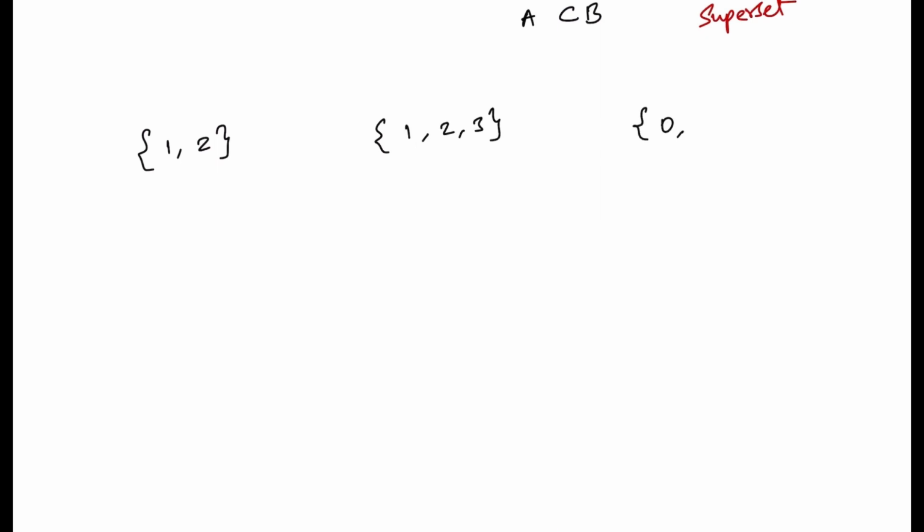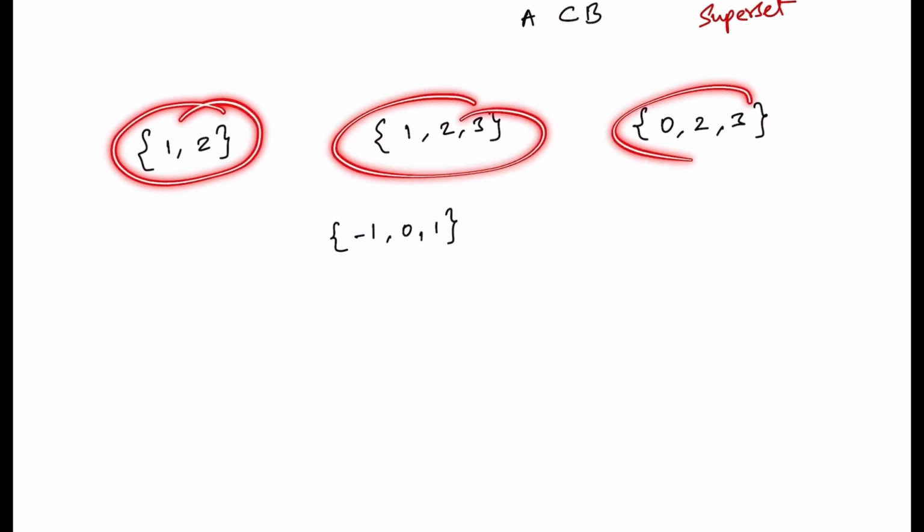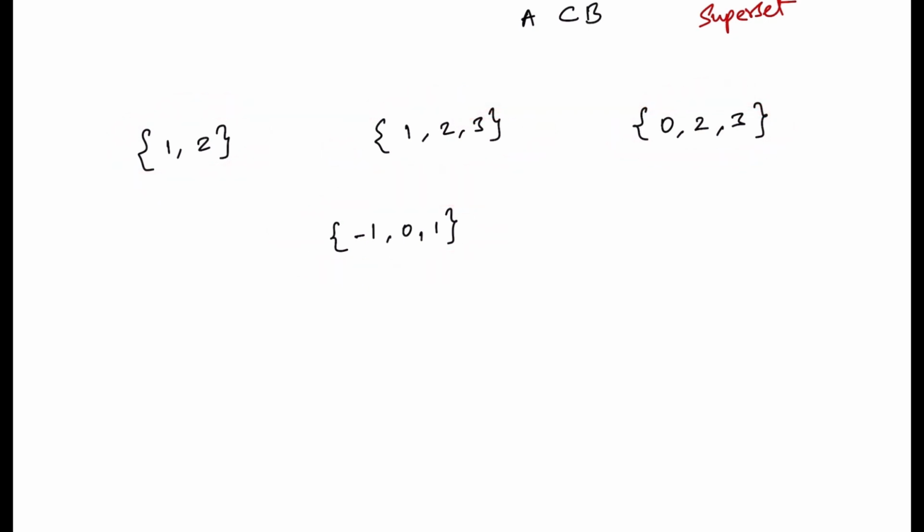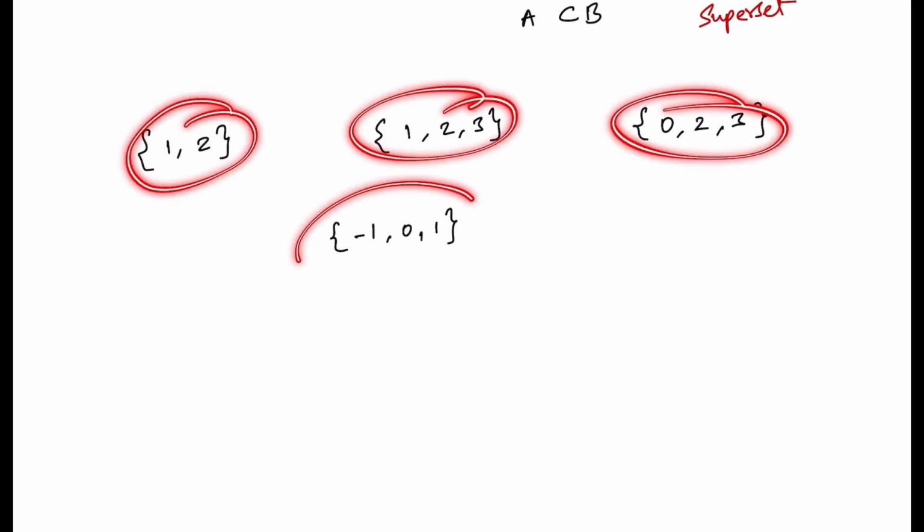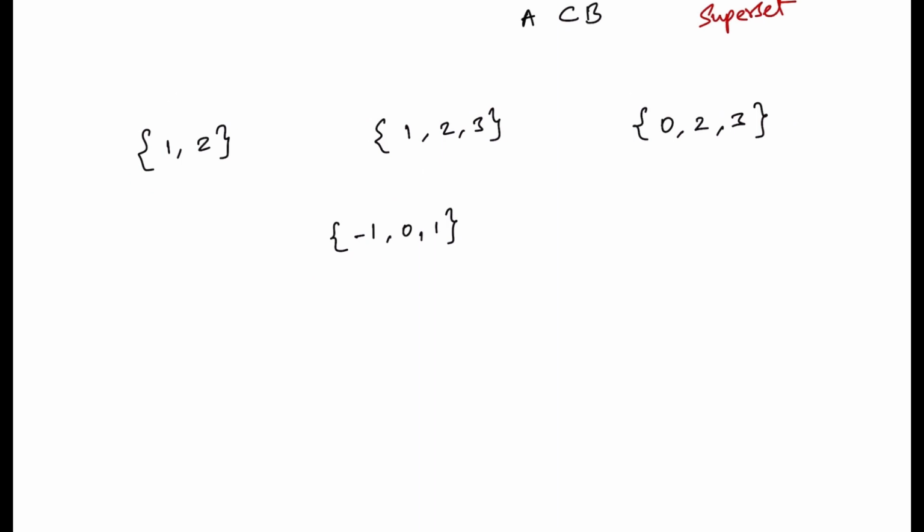Now we have to write the biggest superset such that all these sets are subsets of that set. Then that set will be called the universal set.